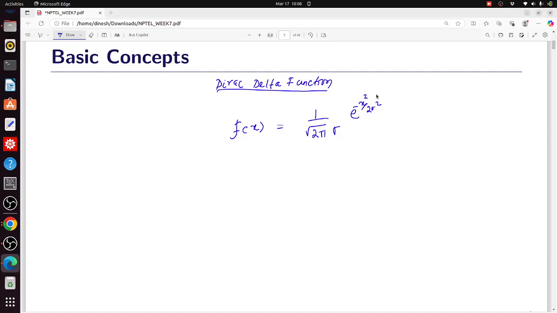If we plot this function, it will look like this. We see that if we reduce sigma, this peak will increase.